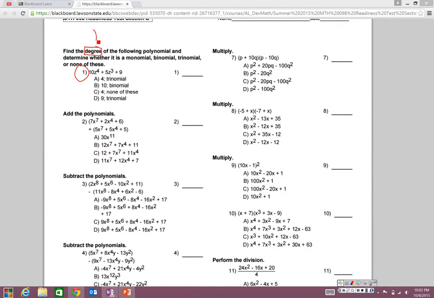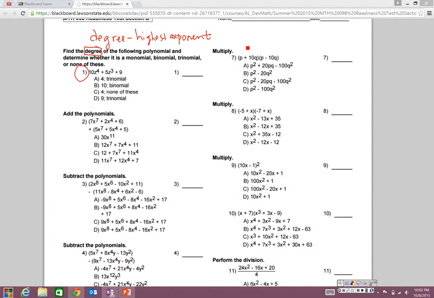So what is the definition of degree? It's the highest exponent, okay? In this case, it's the highest exponent because we only have one variable, z. So 4 is the degree.